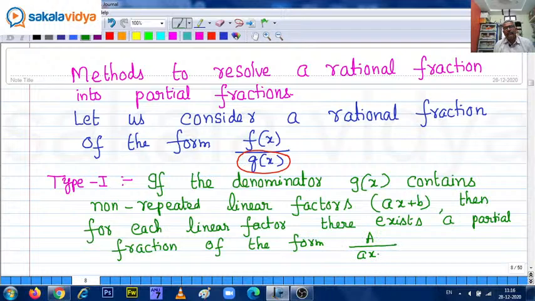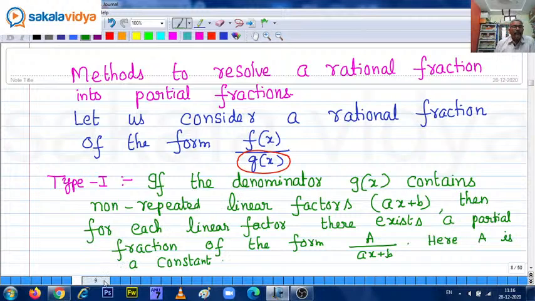We need to write a constant by that ax plus b. Here a is a constant, so that can be evaluated using the methods that we will discuss. This is type 1.